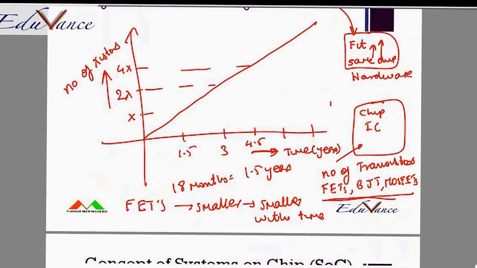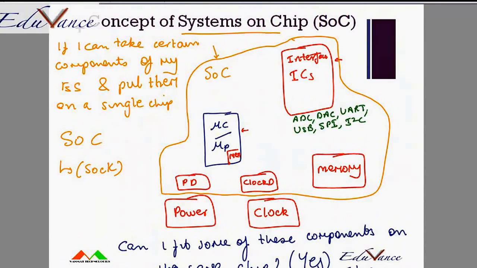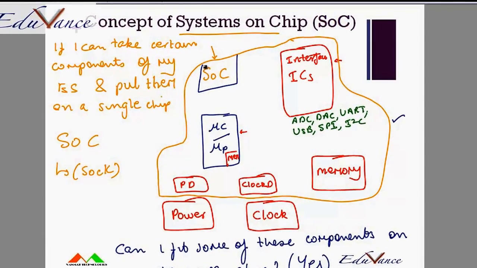And then we understood that as we can fit more and more transistors on the same chip, we try and put some of these components of the embedded system onto a single chip, and that is what we call SOC, or systems on chip.